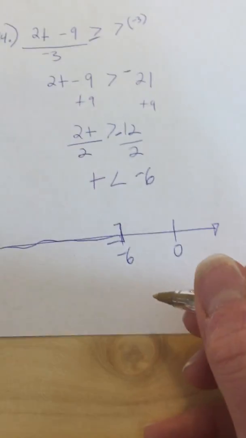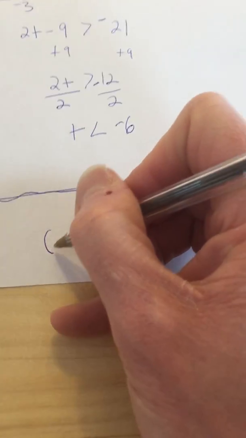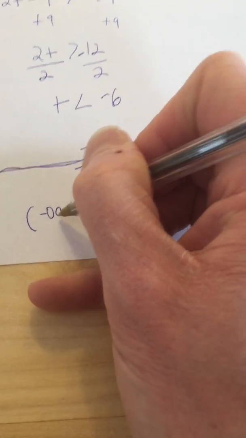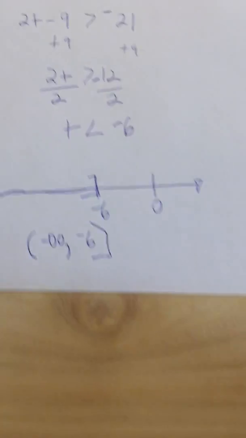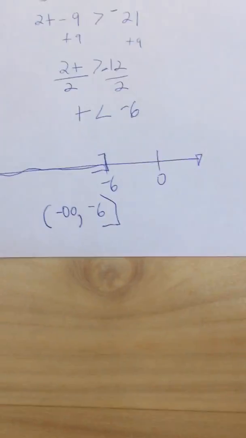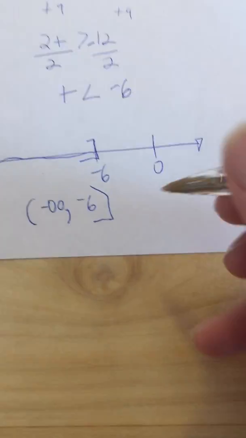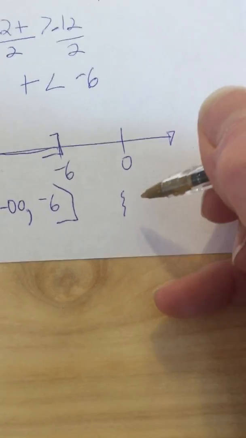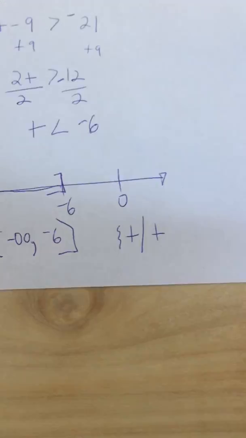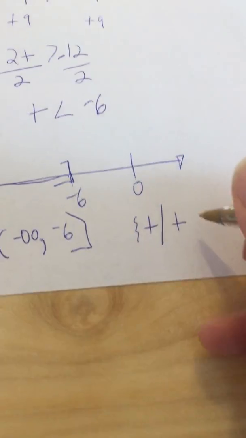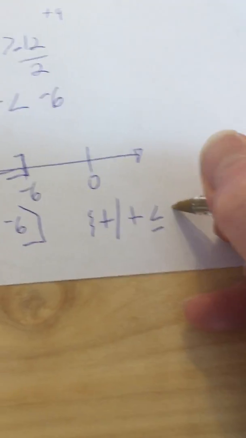For this one, it's going to start at negative infinity and go all the way to negative 6, but it's going to include negative 6. So there's the interval notation. And then for the set builder notation, I'm going to call it t, and I'm going to say that t is going to be less than or equal to negative 6. Okay, so now that's problem 44.